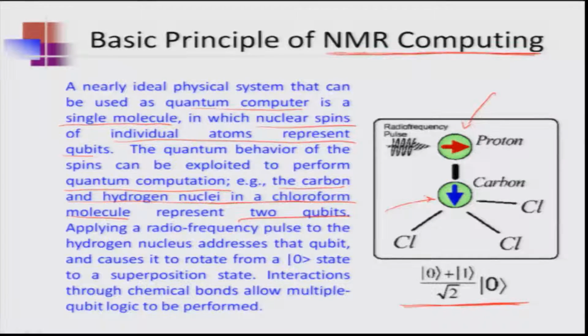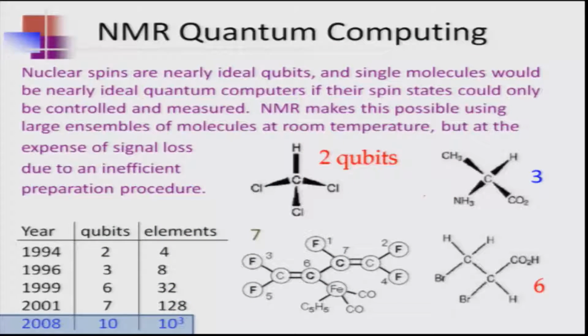So, that is the reason why it becomes a little bit difficult. You can do that, and that is why people have done it, but it is an inefficient preparation procedure. And so, the signal loss beyond a certain point can make it difficult to achieve the goals that you would like to. But anyway, with this there have been 2 qubits, as we mentioned.